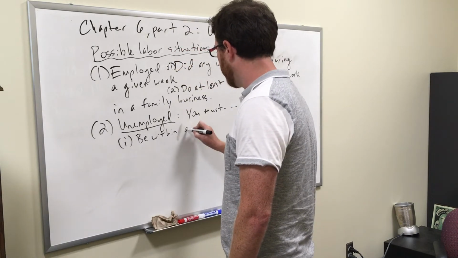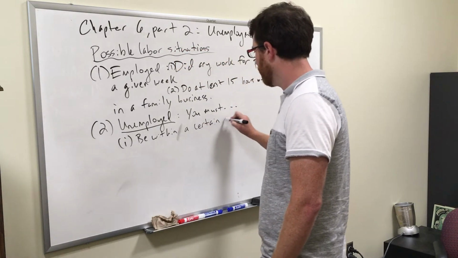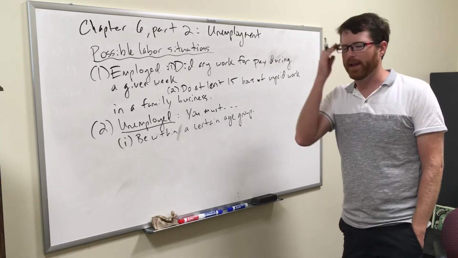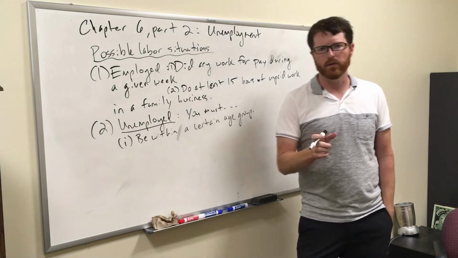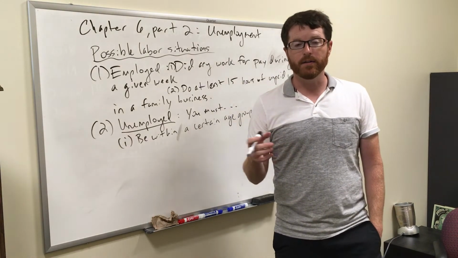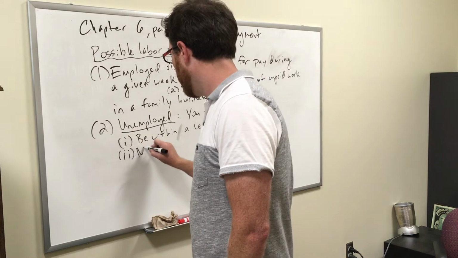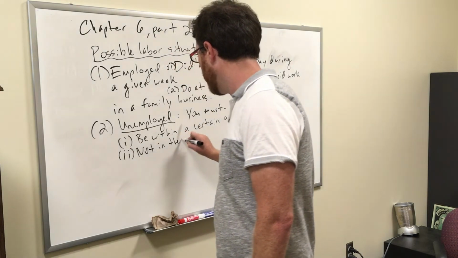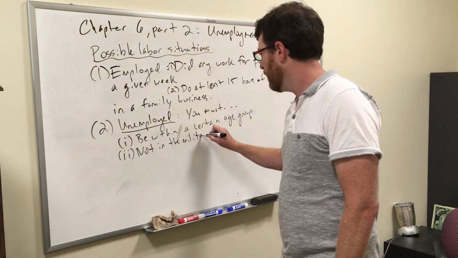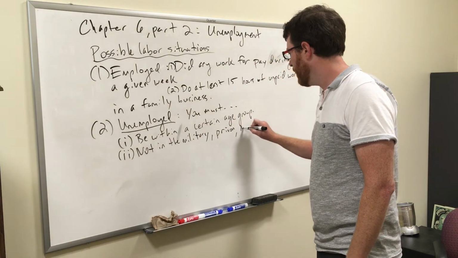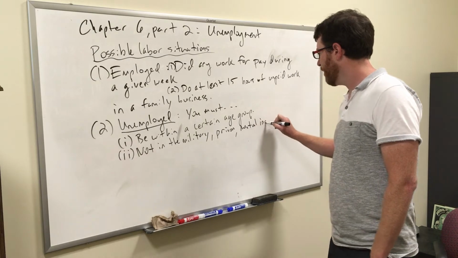You must be within a certain age group. I can't remember off the top of my head what it is, something like 18 to 65. So you fit into a group that we might consider eligible for work. You are not in the military or prison or a mental institution or anything like that.